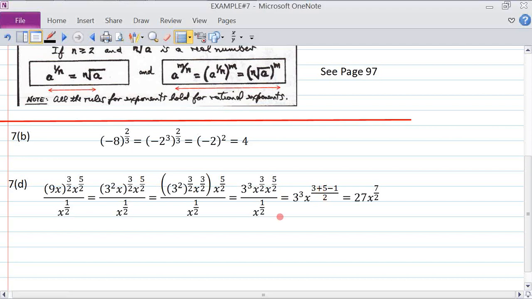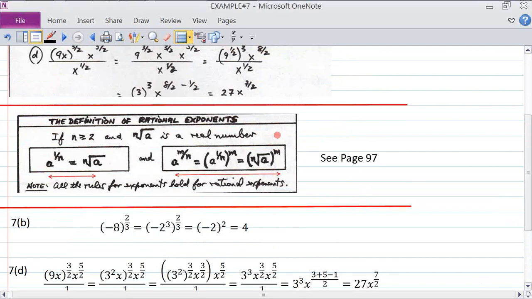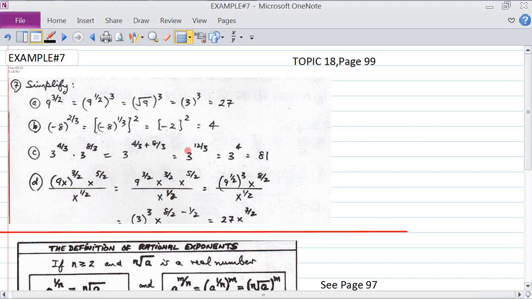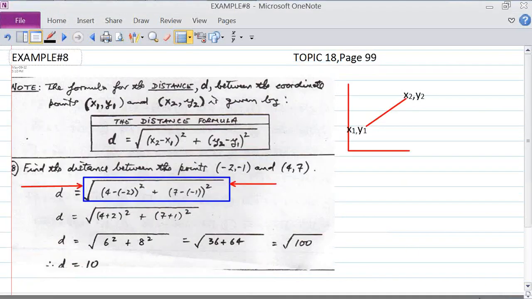I'm going to bring this up, and it's minus 1/2. 3 cubed is 27. 3 plus 5 is 8, minus 1 is 7 over 2. So I get exactly the same answer that I got over here. It's just a slightly different way of doing it. Usually these problems can be done in more than one way.